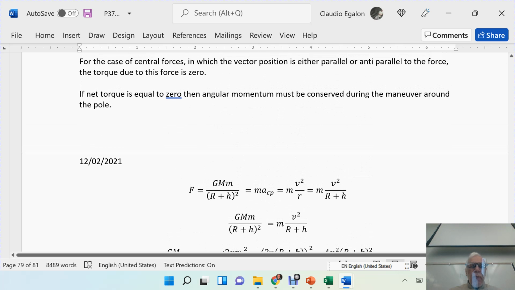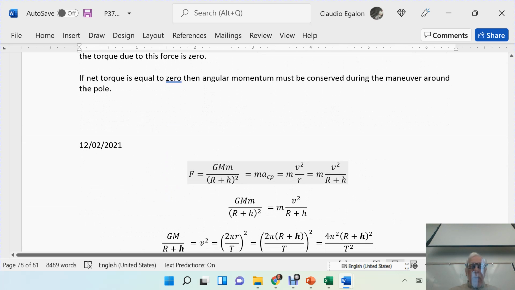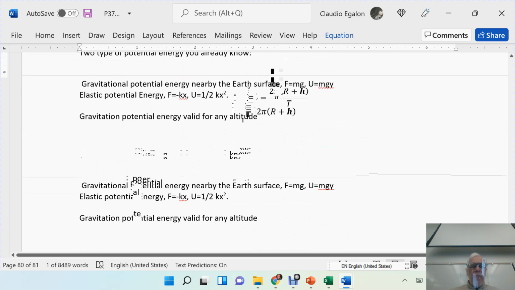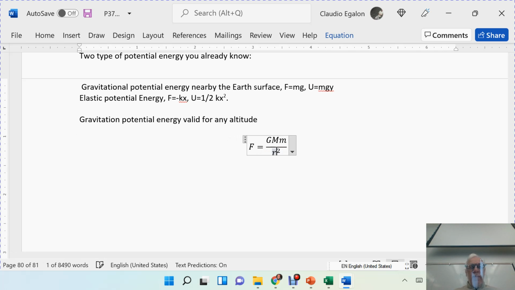Let me get the equation. Okay, we do have a gravitational potential energy for this force. And by the way, this force is a conservative force. Only conservative forces have potential energy. I'm going to put that little r here, and it's the distance from the center of the Earth.